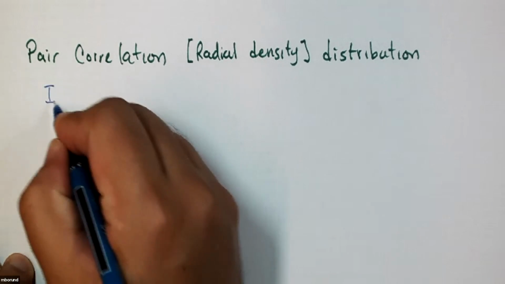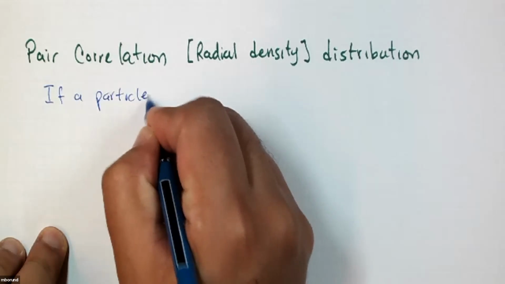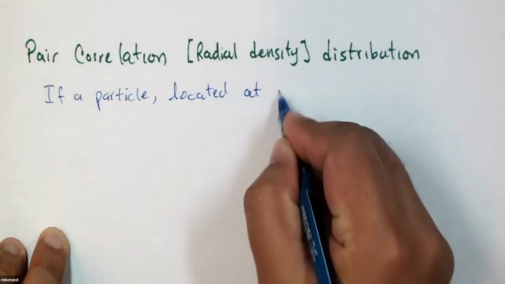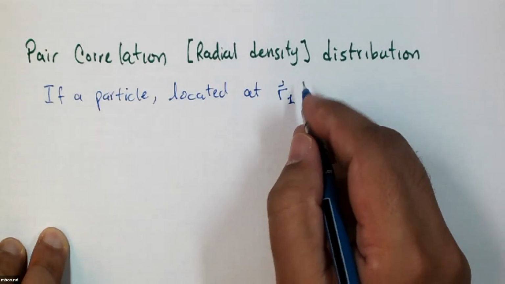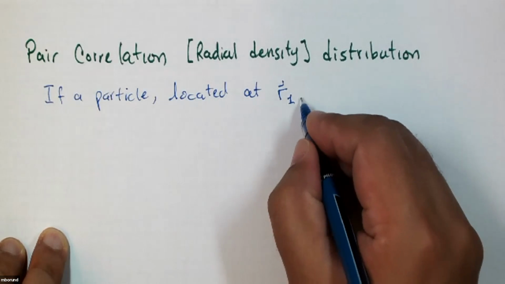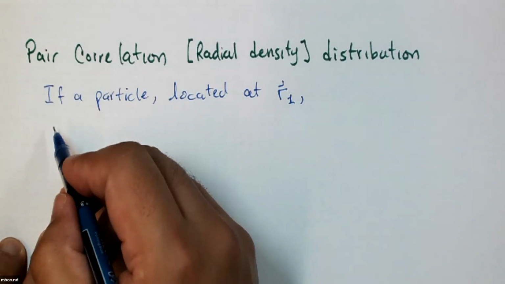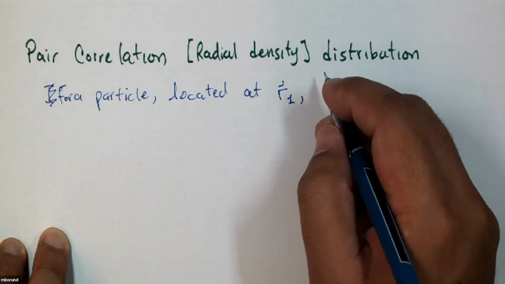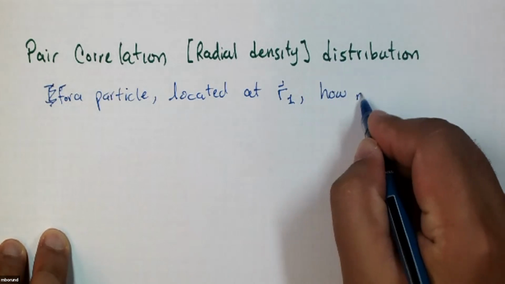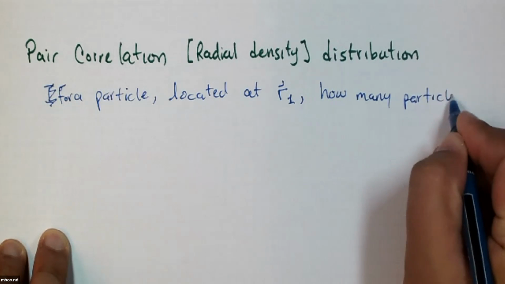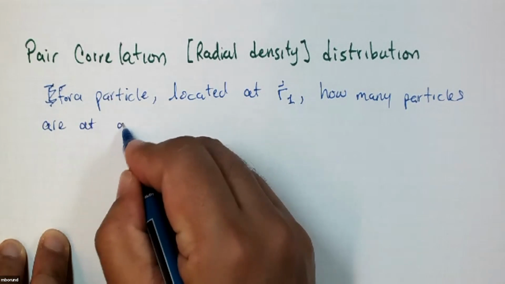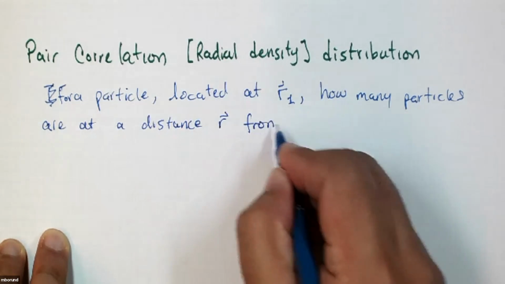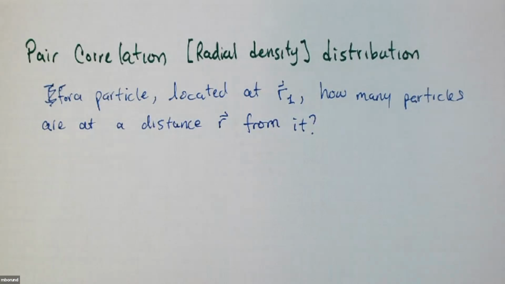So the question is, for a particle that is located at position R1, how many particles are at a distance R from it? So this is the question that we're asking, right?